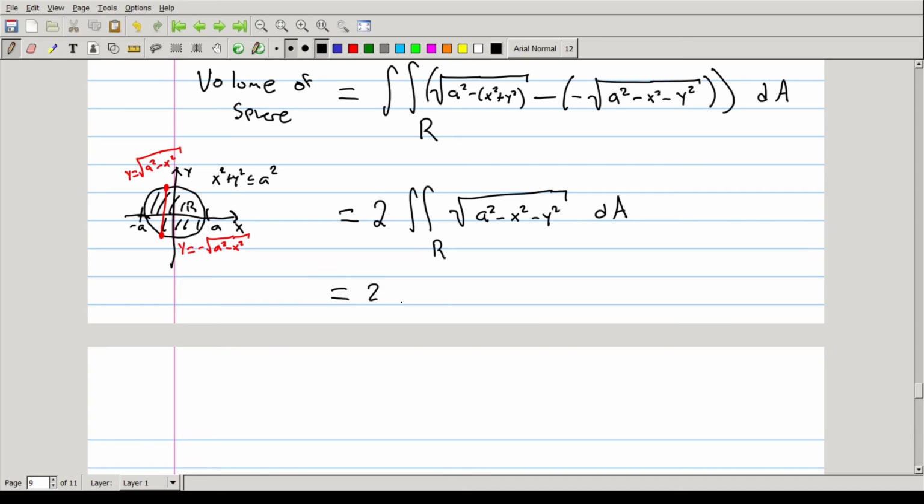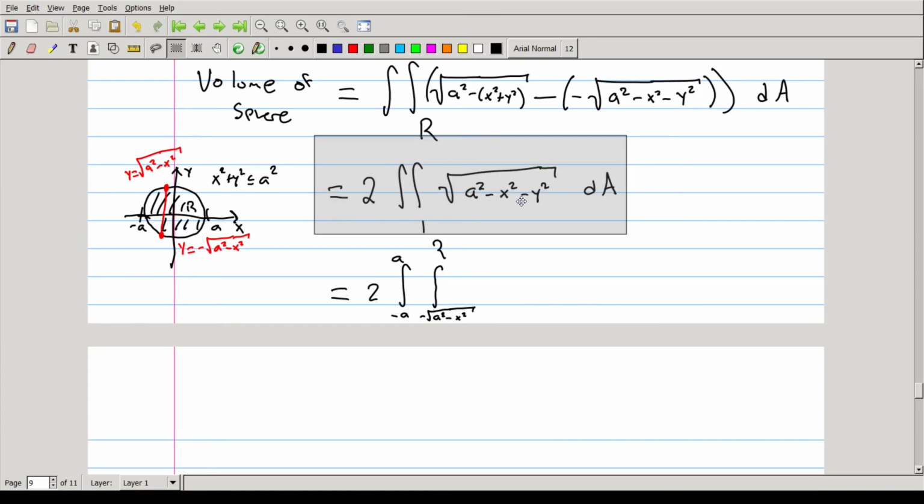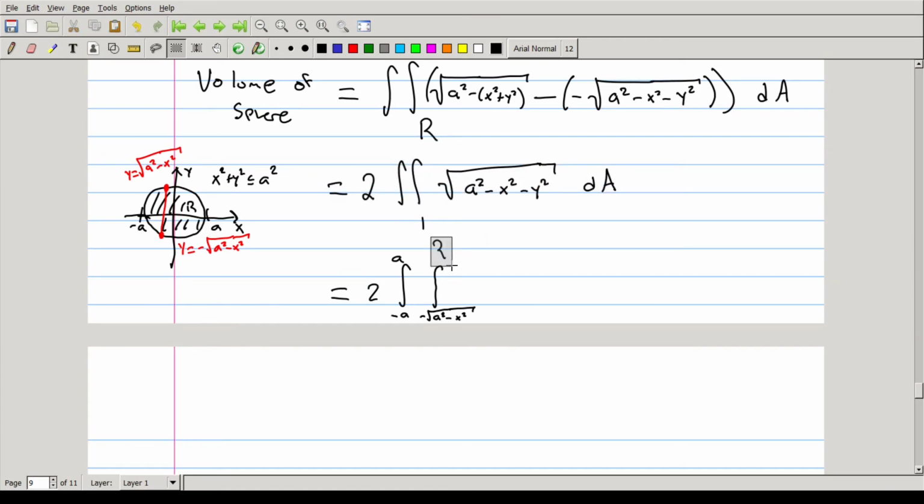So the bounds of integration are going to be in x from negative a to a, and in y from negative the square root of a squared minus x squared to positive square root of a squared minus x squared. I'll add in a little bit of space here so that things don't look too compressed.